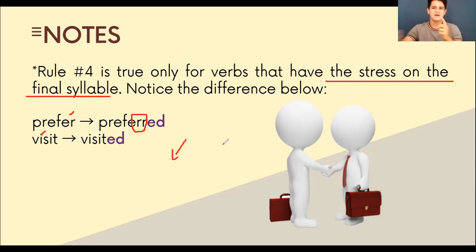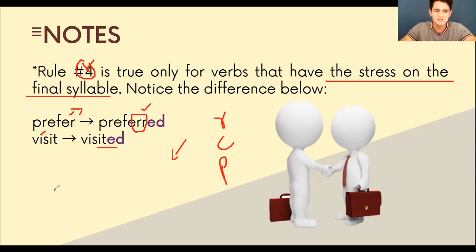Y el acento es en la primera sílaba, por lo tanto, la regla número 4 no se aplica. O sea, no voy a duplicar la T. ¿Ok? Pero en prefer, ¿voy a duplicar la R? Yes, because it has the accent on the second syllable. So I double the consonant because of the accent.